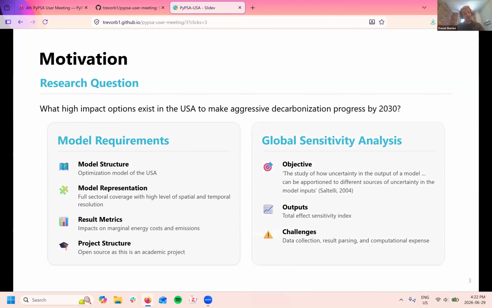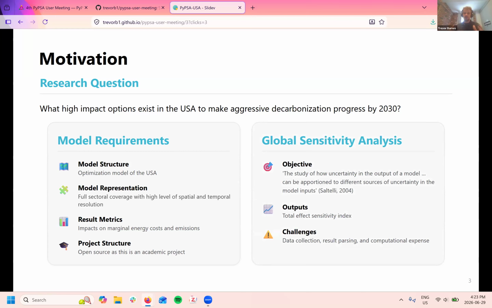To target the high impact options, I use global sensitivity analysis. The formal definition is it's the study of how uncertainty in the output of a model can be apportioned to different sources of uncertainty in the model inputs. More informally, it's how do changes in input uncertainty map to changes in output uncertainty.